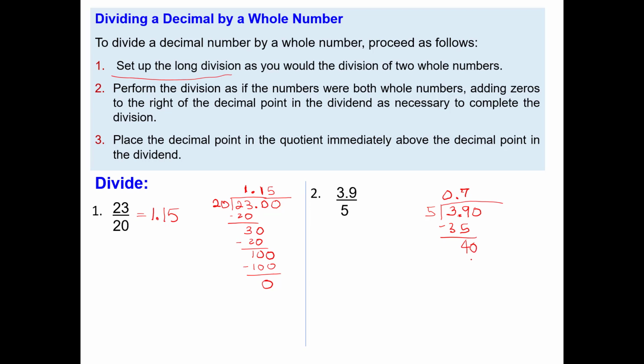How many 5s are in 40? 8 times 5 equals 40. Minus 40, 0. And 3.9 divided by 5 equals 0.78.